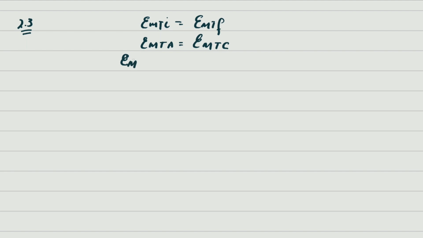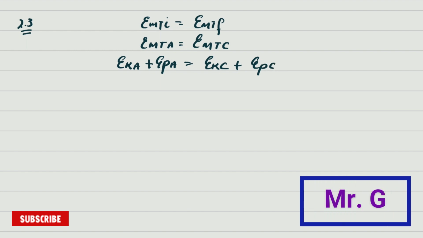So mechanical energy at A is going to be equal to kinetic energy at A plus potential energy at A. That must be equal to kinetic energy at C plus potential energy at C.